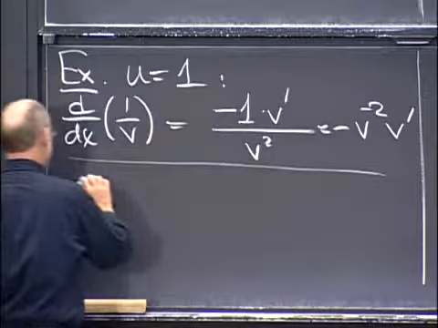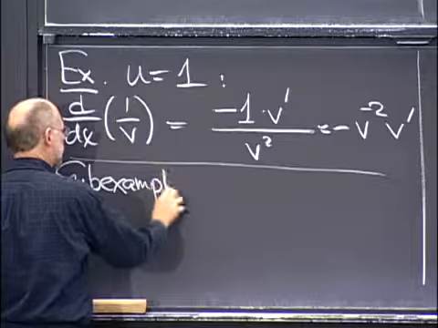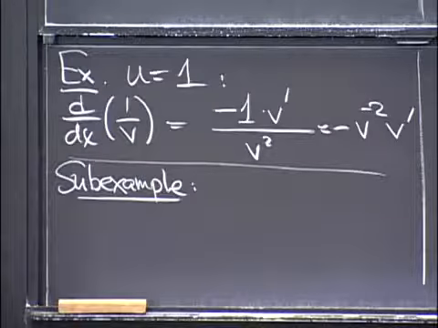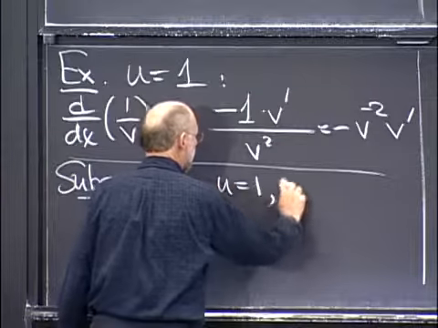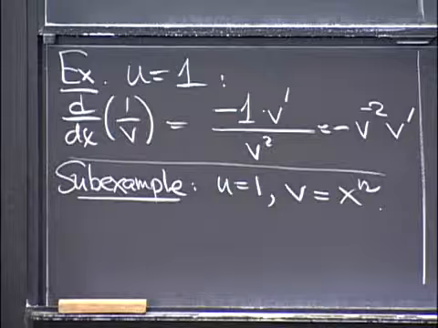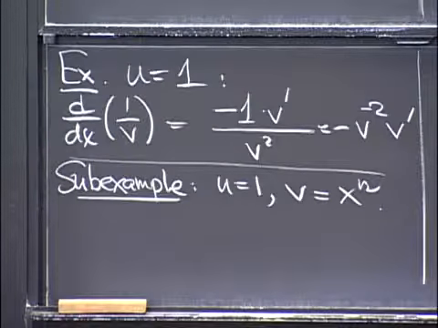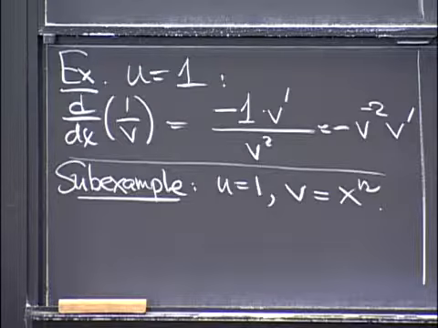How about an even more specific example of that? I'm going to take the special case where U is equal to 1 again, and V is a power of x. And I'm going to use the rule that we developed earlier about the derivative of x to the n.